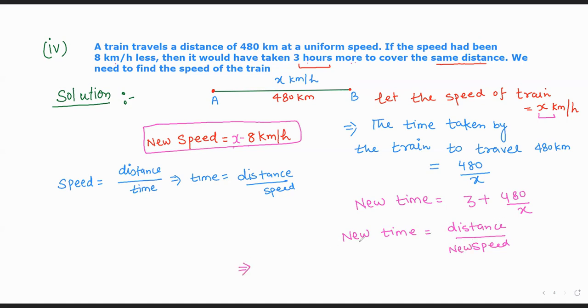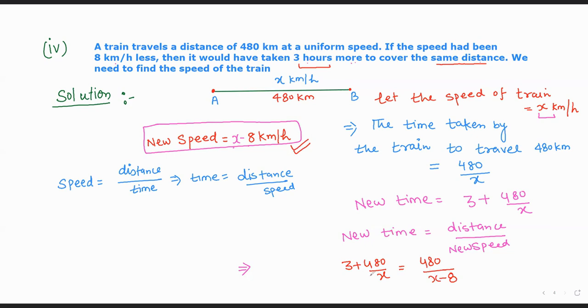So I can write the new time as 3 plus 480 upon x equal to, and the distance is same, that is 480, but now the new speed is x minus 8. This is our new speed.